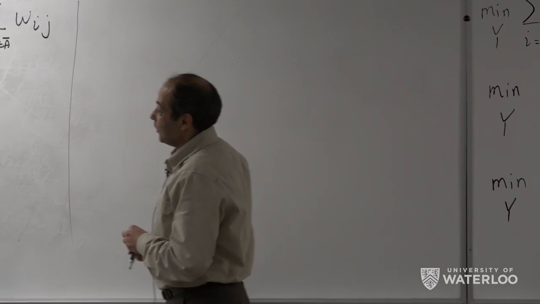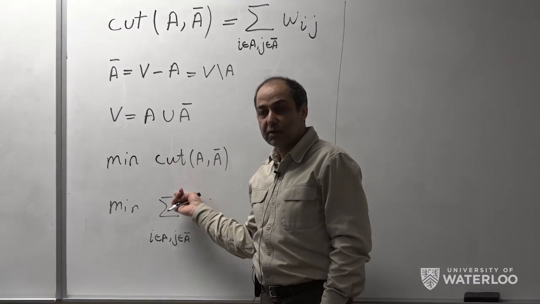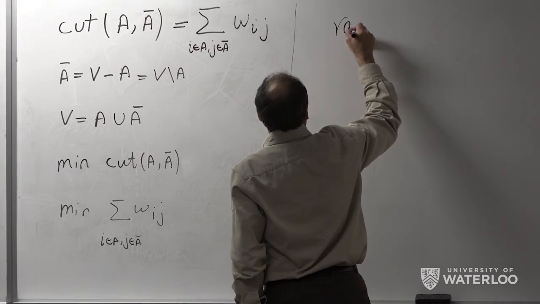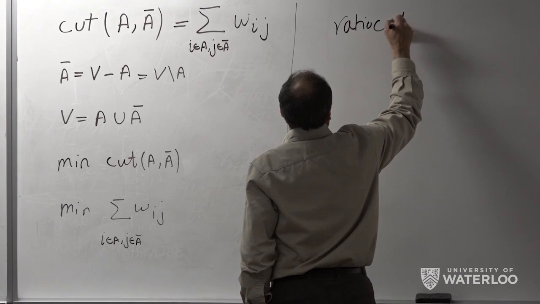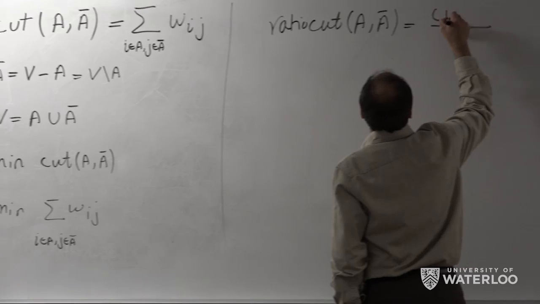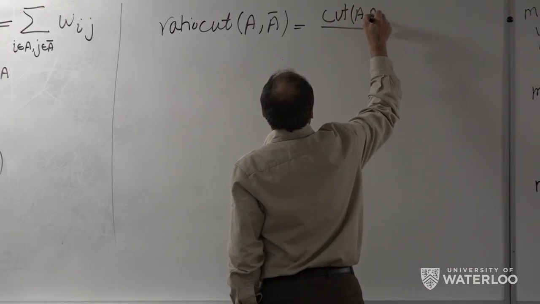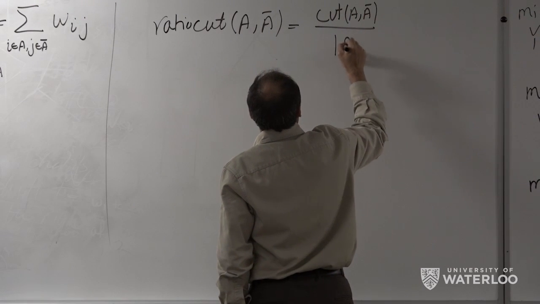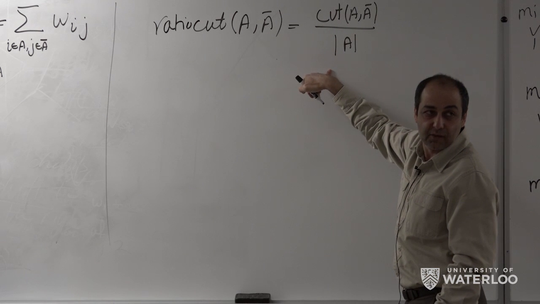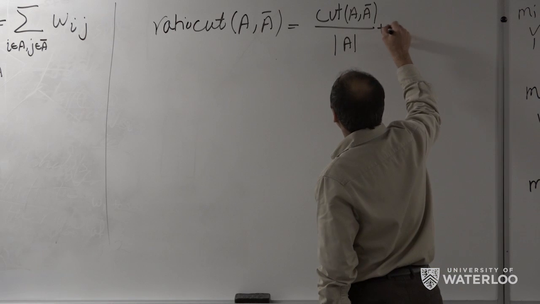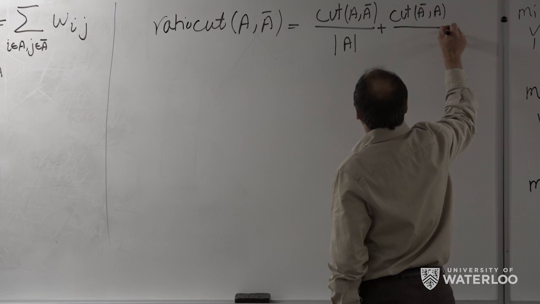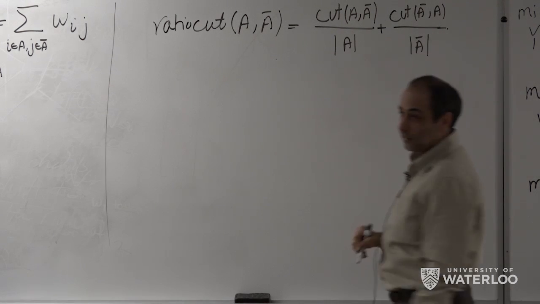And to avoid this, we're going to change this cut to something called ratio cut. Ratio cut is basically cut(A, A bar) divided by the number of points in A, the cardinality of set A, plus cut(A bar, A) divided by the cardinality of A bar.